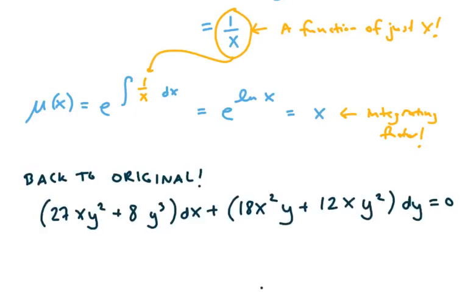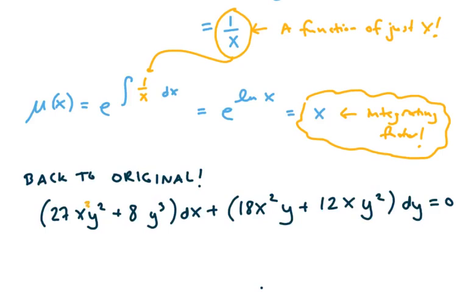Alright, so to save a little time, I just rewrote the original differential equation we had started with. All I'd like to show now is multiplying this whole equation through by this integrating factor we had just found. So if it's alright with you all, I'm basically just going to bump up the exponent on x for every term. So make sure that goes alright here. So my 27xy squared would become 27x squared y squared.